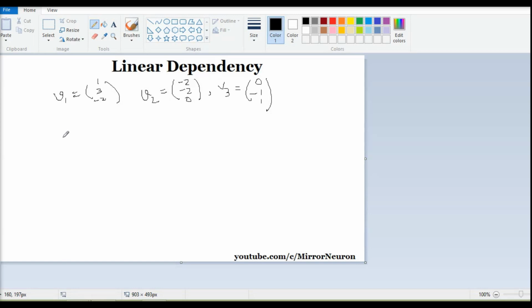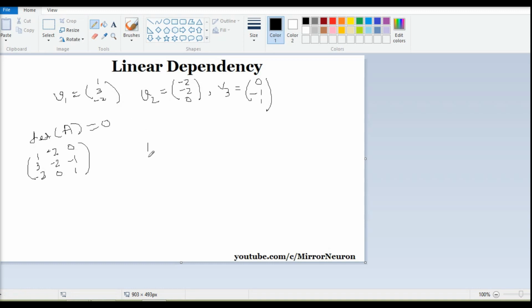Okay, so now that we have seen that the determinant of this matrix is equal to 0, with A being 1, 3, minus 2, minus 2, 0, 0, and minus 1, 1, I'm repeating it here. Interestingly, these are my vectors, right? I call them vectors, or columns of my data set.